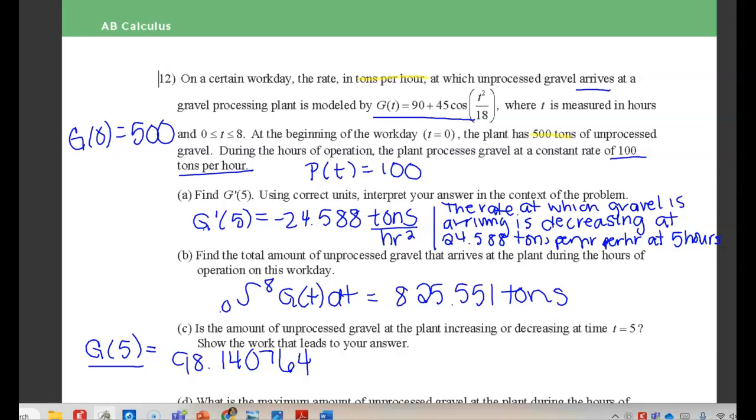If that 98 is less than the rate that it's being processed at, is the unprocessed gravel going to be greater than or less than the amount processed? That's where the 100 comes into play.